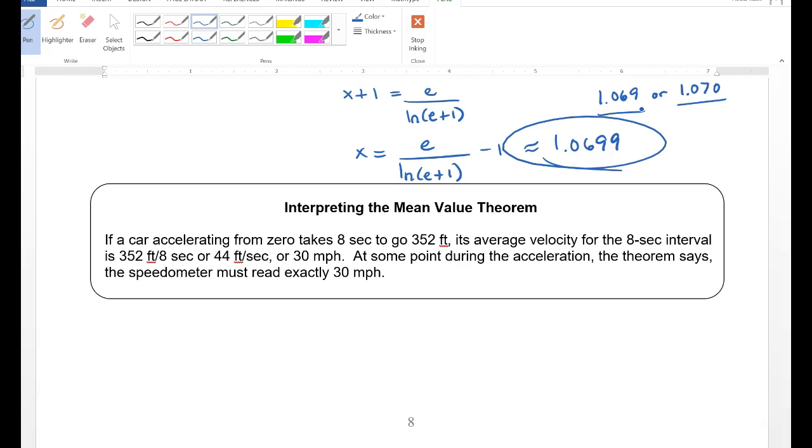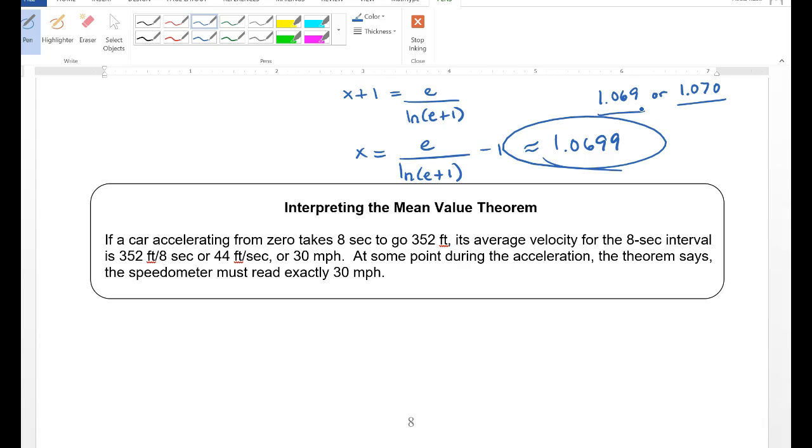Interpreting the mean value theorem. What does that mean in a practical application? Let's say you're in your car, you accelerate from rest. It takes 8 seconds to go 352 feet. That means your average is 352 over 8, so 44 feet per second, or 30 miles per hour.